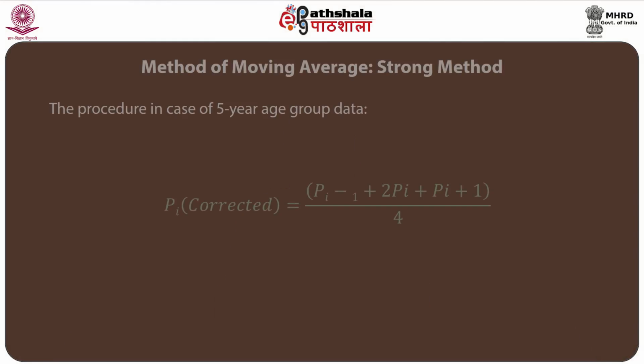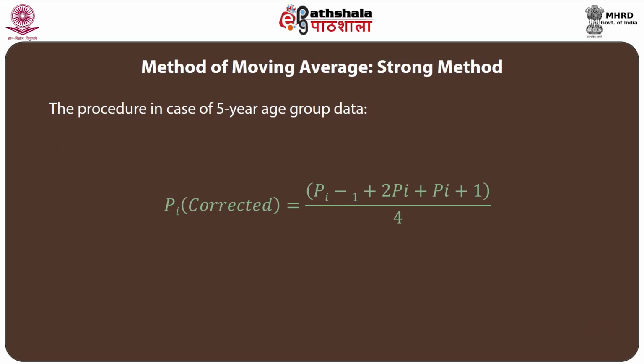The method of moving average can also be computed for a 5-year period rather than a 3-year period. The procedure in the case of a 5-year age group is as follows. Suppose Pi represents the 20 to 24 age group.